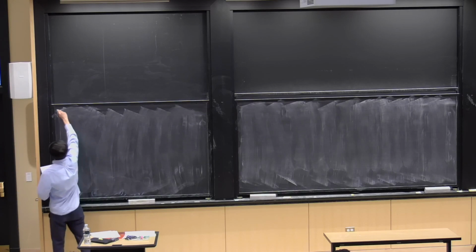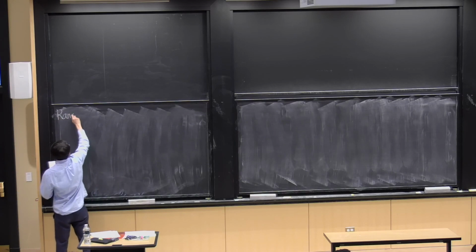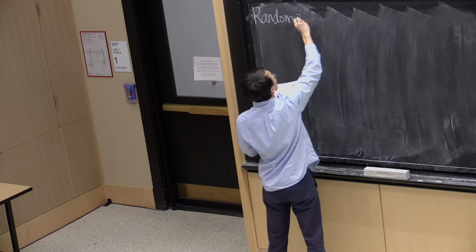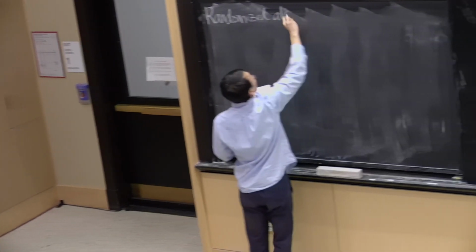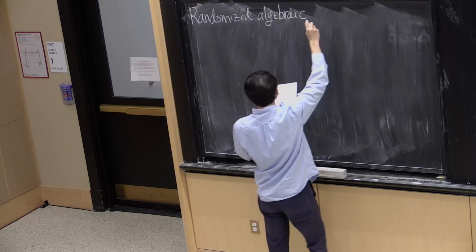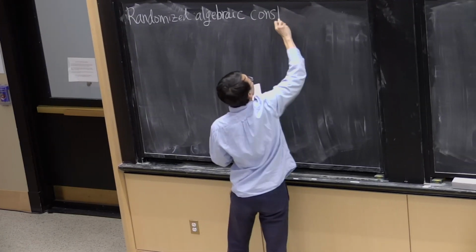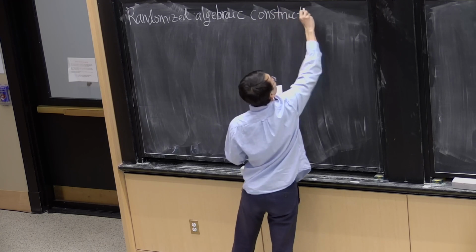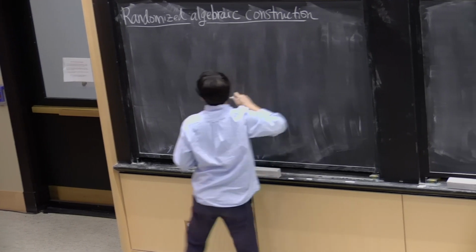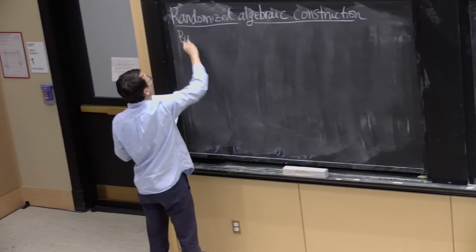So what I want to discuss now is a relatively new idea called a randomized algebraic construction, which combines some ideas from both the randomized construction and also the algebraic construction that we just saw. This idea is due to Boris Bukh just a few years ago.